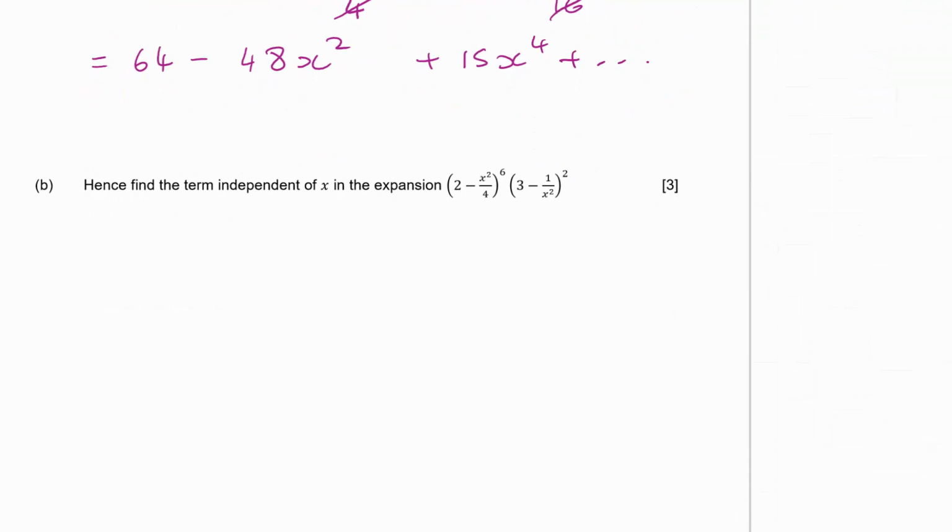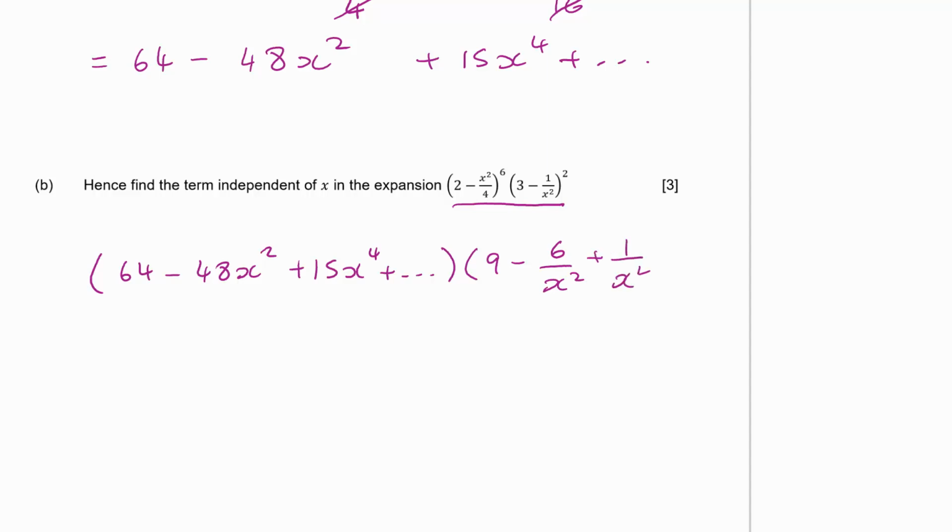Hence find the term independent of x in this expansion. So we've got our 64, take away 48x² plus 15x⁴, and so on. Now, expanding that is going to give me 9, take away 6 over x² plus 1 over x⁴.